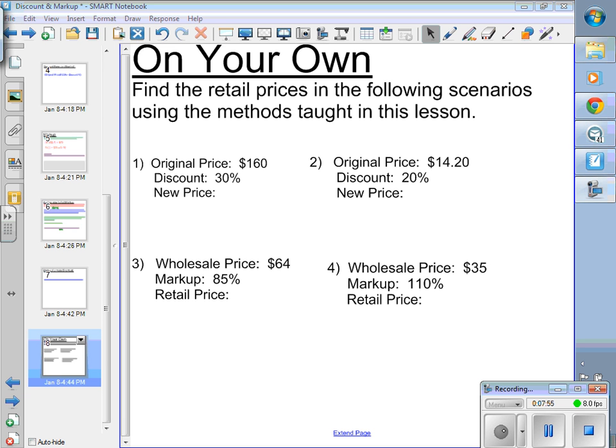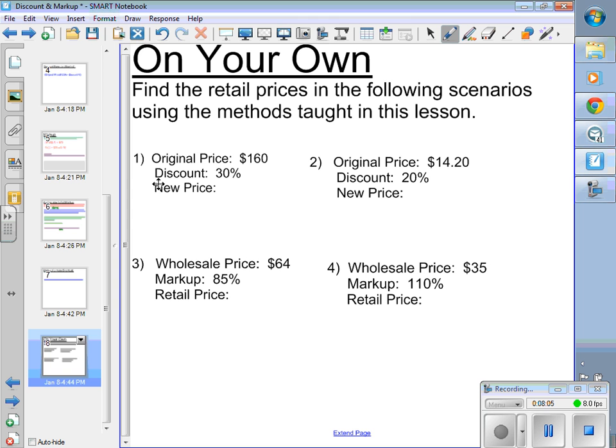That's for sure. So the original price is $160 and it's being discounted 30%. So we've got 160 times, we've got 100 minus 30, which is going to give us 70.